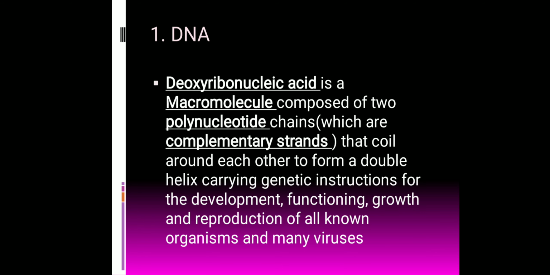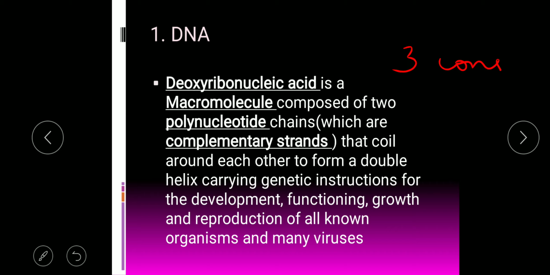These two polynucleotide strands coil around each other to form a double helix carrying the genetic instructions for the development, functioning, growth and reproduction of all organisms and many viruses. So what are genetic instructions? Three consecutive nucleotides on the DNA strand is known as one gene.